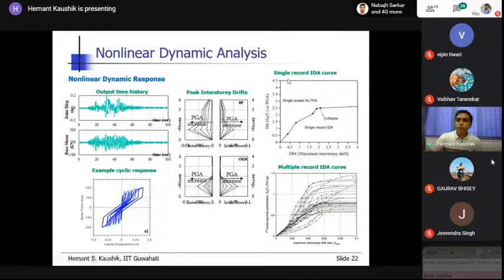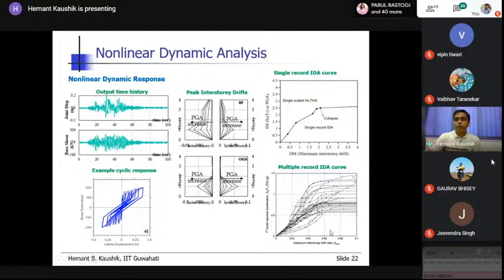It means that you have considered one record, but you are changing the peak ground acceleration or the spectral acceleration. So some intensity measure you are changing for the single record, and you are plotting this for the same structure. Now you can also do this for multiple records.